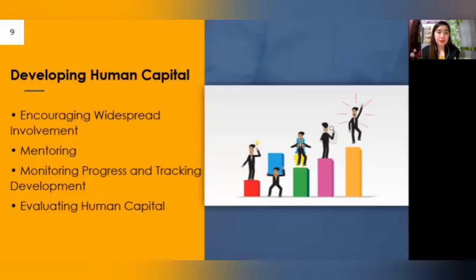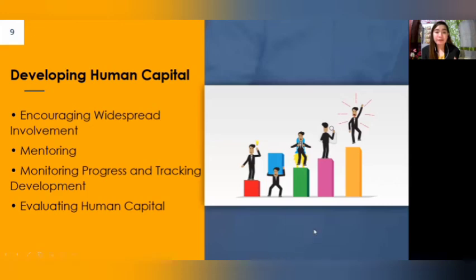Next, we have developing human capital. Of course, after the recruitment or hiring process, there goes the human capital development, in which the firms conduct different seminars, training programs, and workshops to help their staff adapt to the environment, which will also benefit the firm.